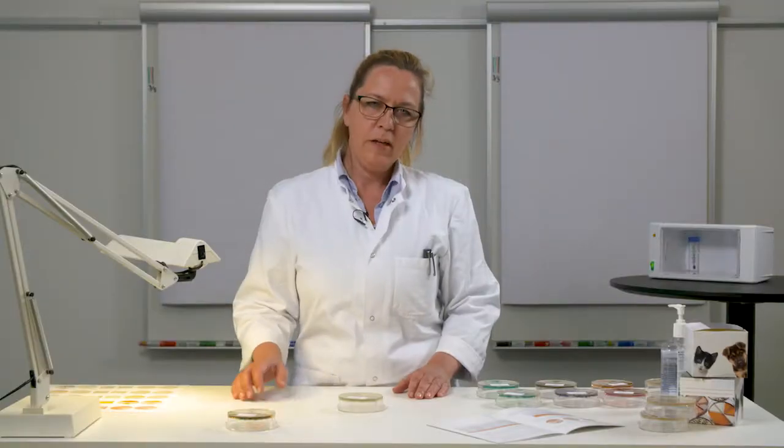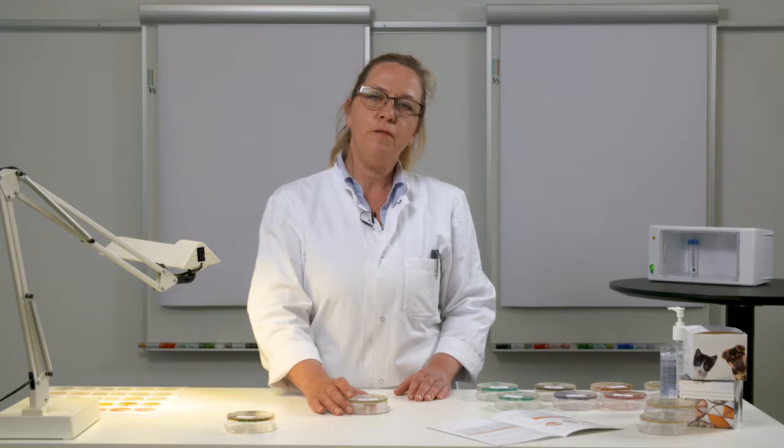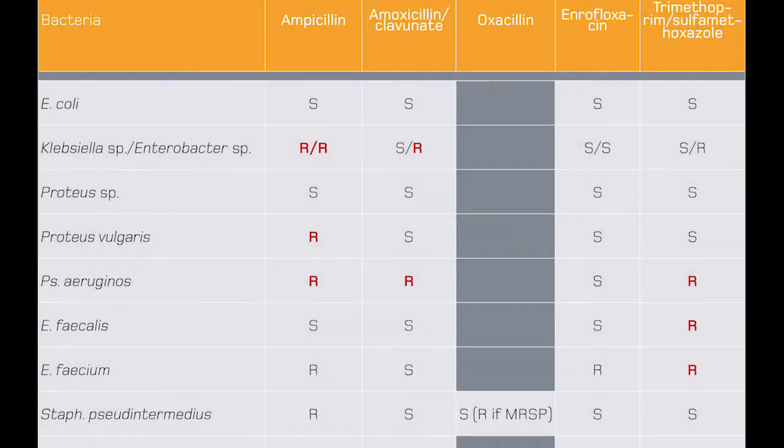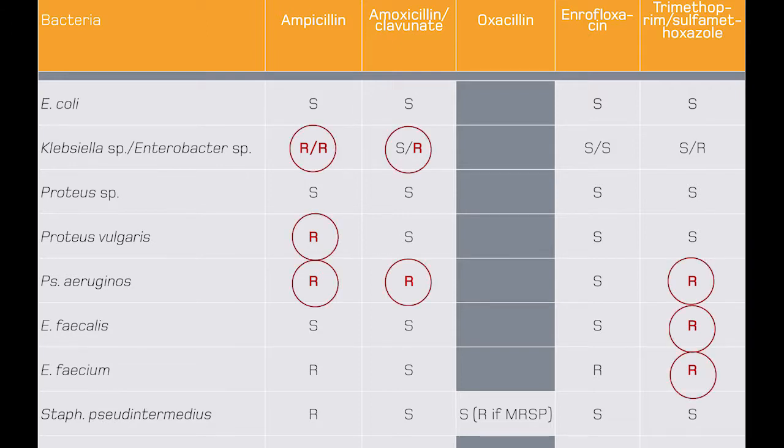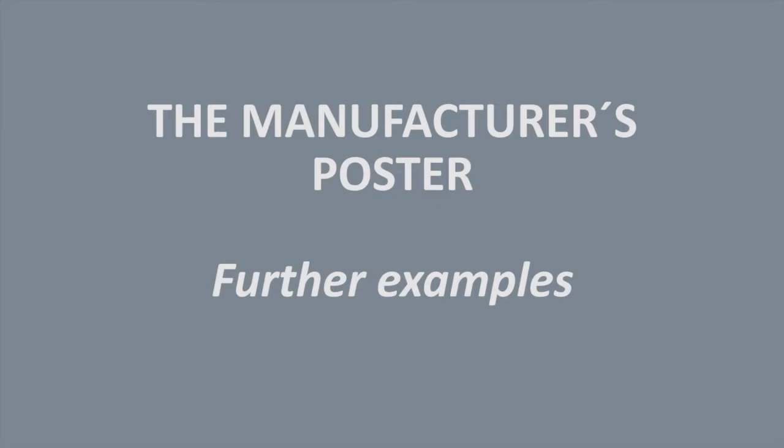For the determination of resistance reading, it is crucial to use Chart 3 in the producer's insert. This chart lists various antibiotics towards which this type of bacteria is resistant by nature. And this is a very important reservation to make when reading and interpreting your results.